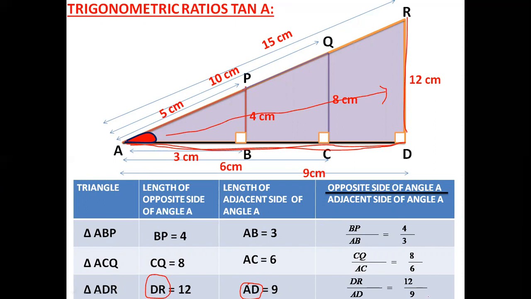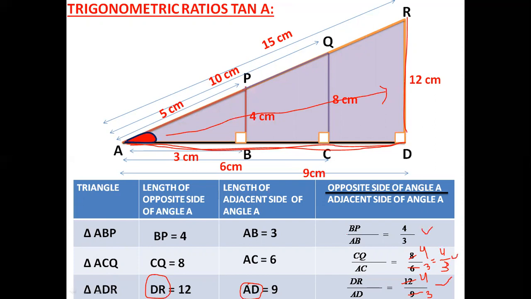Here these numbers 12 and 9 are cancelled by 3: 3 fours are 12, 3 threes are 9. We get the ratio 4 by 3. Here 8 by 6 can also be cancelled by 2: 2 fours are 8, 2 threes are 6. That means we get the ratio 4 by 3. So here also 4 by 3, here also 4 by 3, here also 4 by 3.